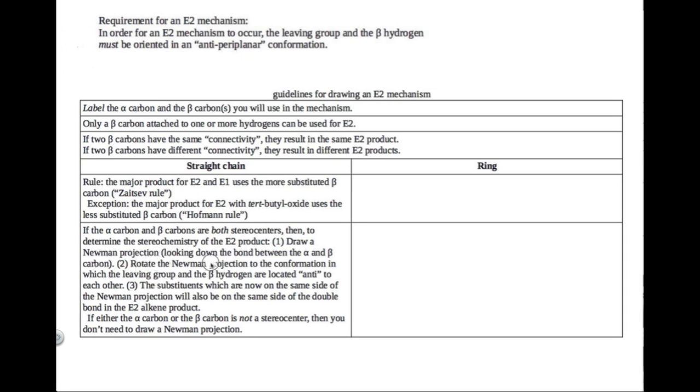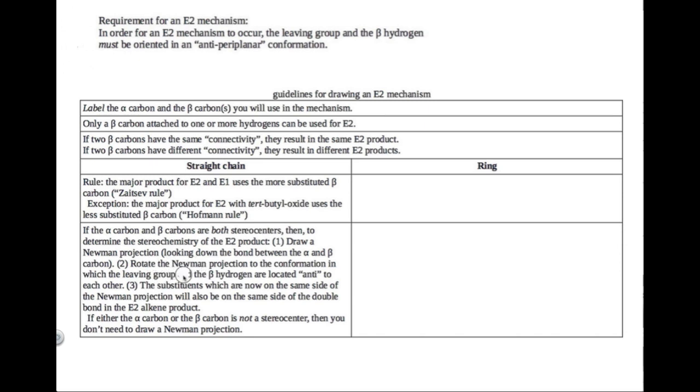Then, rotate the Newman projection so that the leaving group and the beta hydrogen are located anti relative to each other. That reflects the anti-periplanar conformation between the leaving group and the beta hydrogen, which we know is required in order for an E2 mechanism to occur. When the leaving group and the beta hydrogen are anti in the Newman projection, they will have this required anti-periplanar conformation.